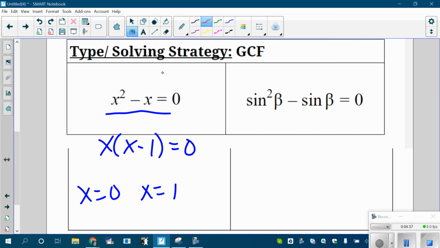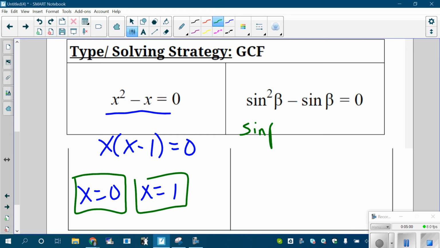It's one of those things like you can't divide by 0. And similarly, when you do trig equations, you never divide everything by sine. All right, that's the algebra strategy. Let's do the same thing with trig here. So I'm going to factor out a sine of beta.